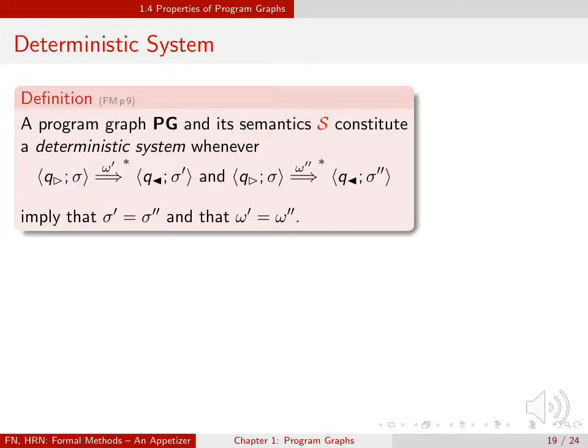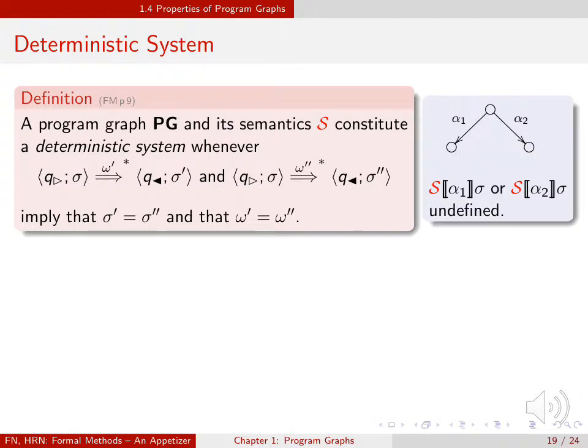To be a bit more precise, a program graph is deterministic whenever we execute the program twice from the same initial configuration, then we end up in the same final configuration with the same final memory, and we have performed the same actions along the way.